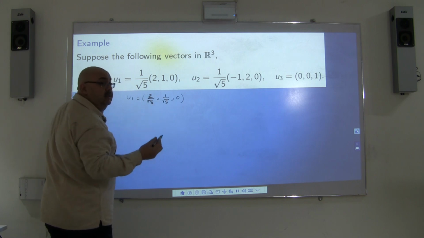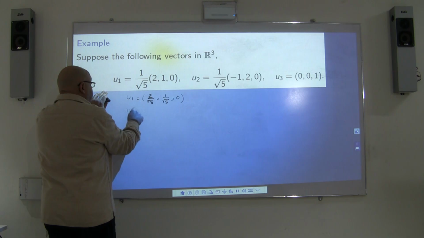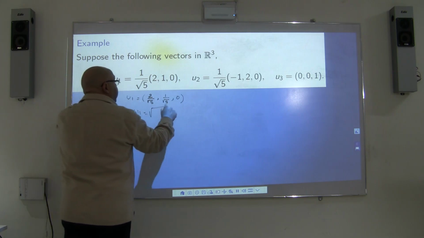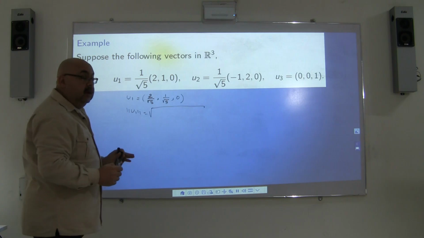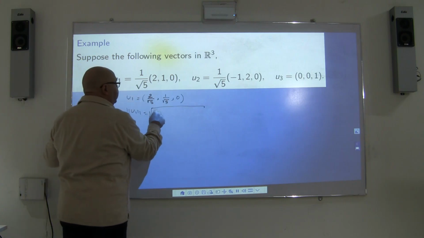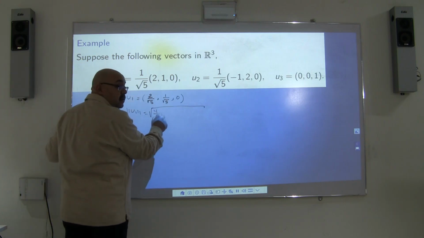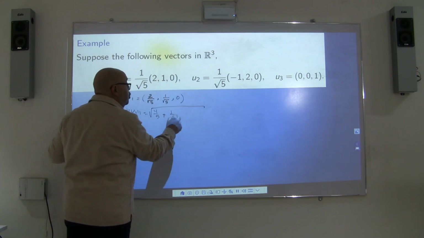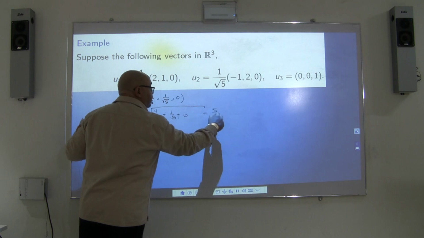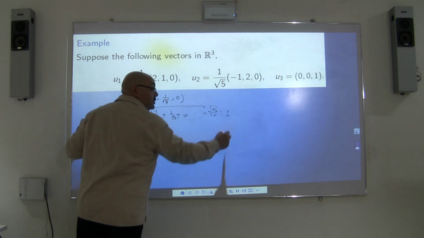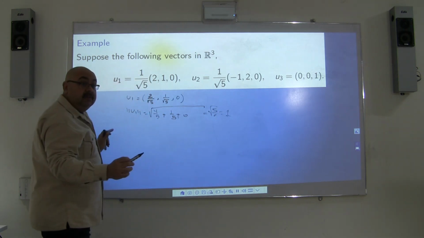Get the magnitude of U1, which is simply the square root of the sum of the squares of these components. The square of the first component is 4 over 5, plus 1 over 5, plus 0, which comes to 5 over 5 under the square root, so already it's a unit vector.